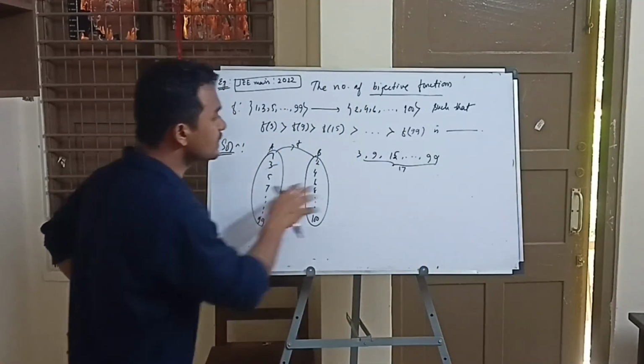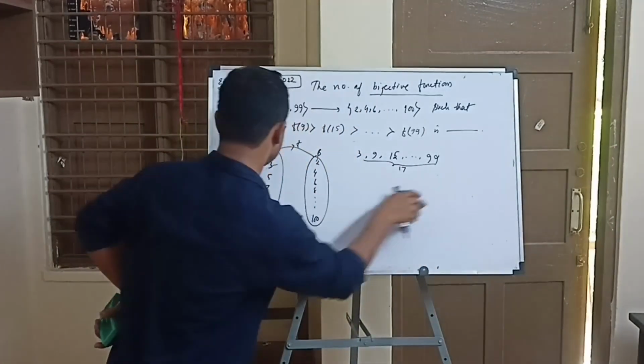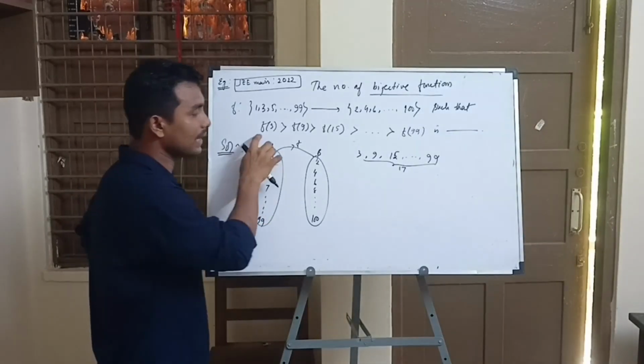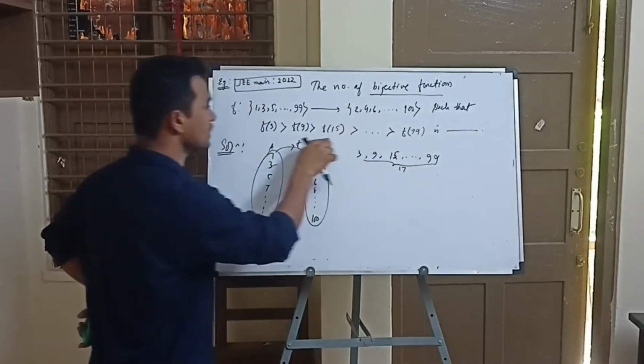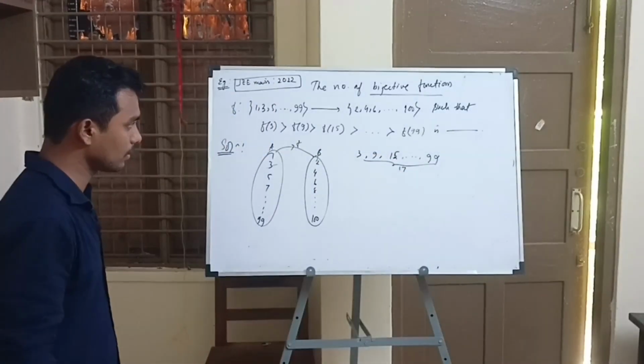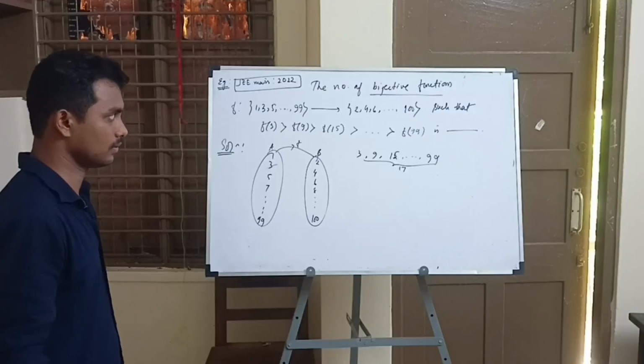Now, the images of these 17 numbers in the domain are arranged in decreasing sequence. How can we arrange that?